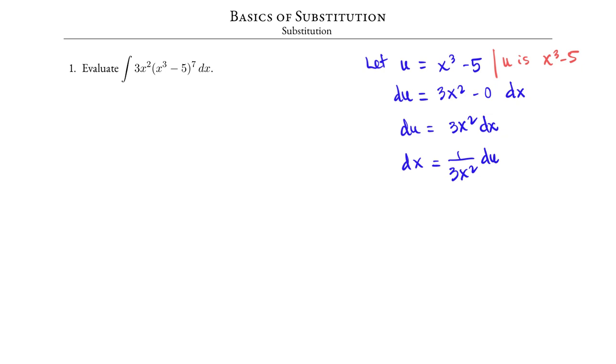So if there is an expression x cubed minus 5, we will replace it with u. Similarly, dx is 1 over 3x squared du. And so if there is an expression dx, we will replace it with 1 over 3x squared in the denominator, du.